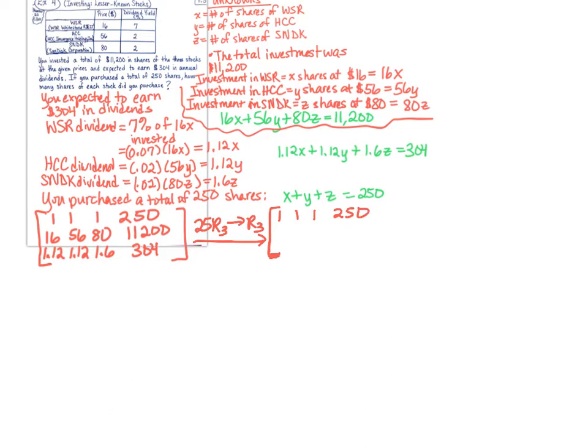Row 2 is going to stay the same, so that's 16, 56, 80, and 11,200. And then the third row, 1.12 times 25 is what? 28. So you get 28, 28. And what are the other two? What's 25 times 1.6? 40. And then what's the last one?